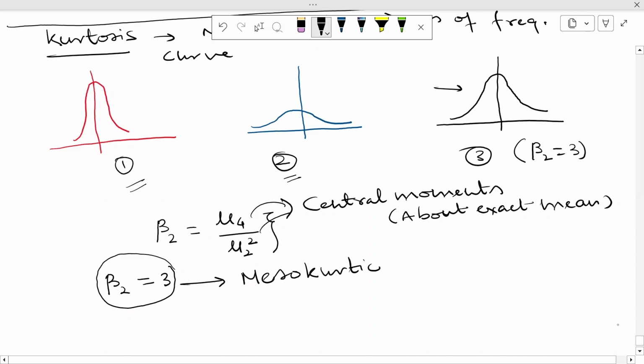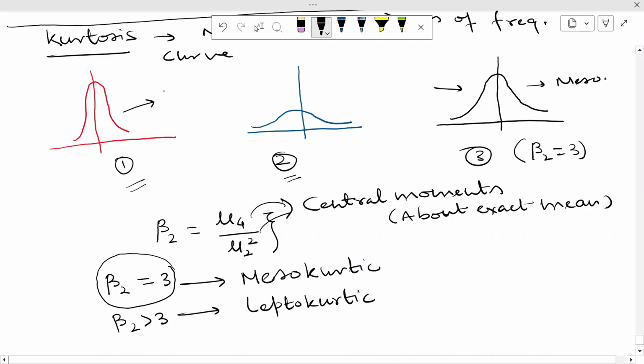This is how we classify. So this curve is mesokurtic. Now when beta 2 comes out greater than 3, our data will be leptokurtic.